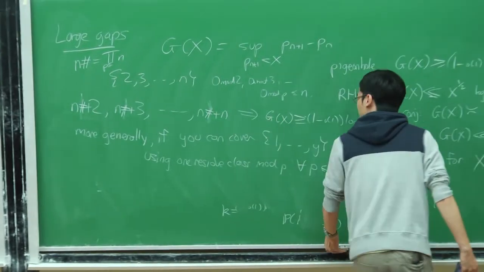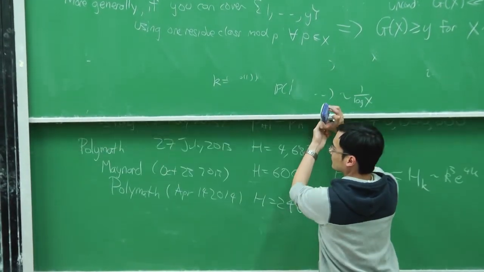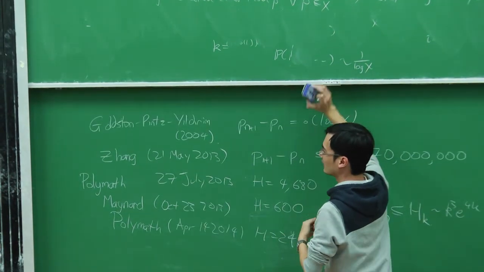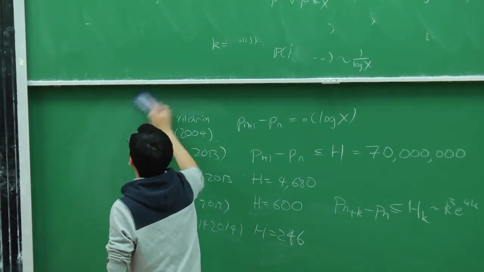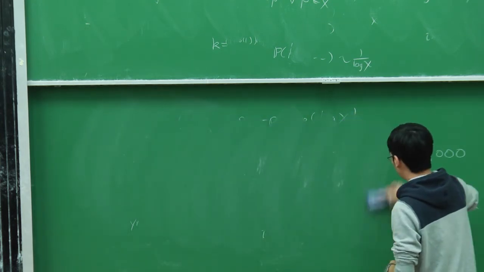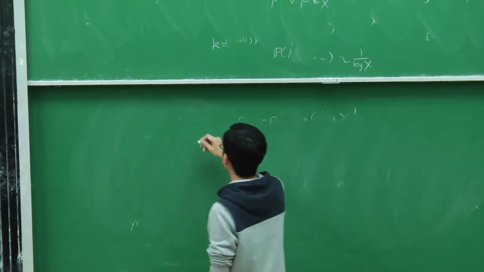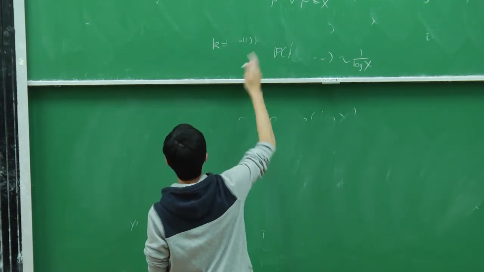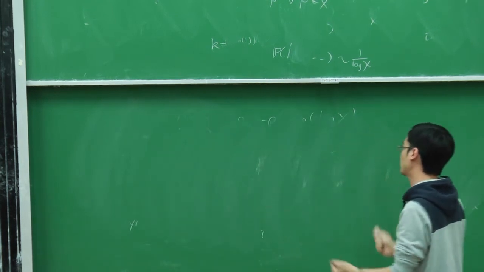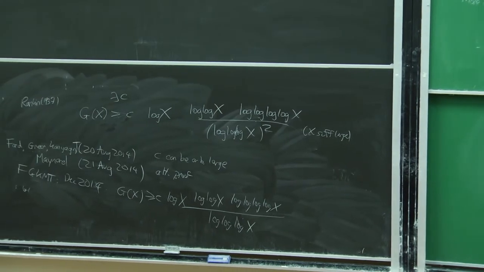So where do all these weird bounds come from, and how do you prove these things? All these arguments follow the same strategy: you have this big interval from 1 to y, and you want to cover this interval as efficiently as you can using one residue class mod p for each p.